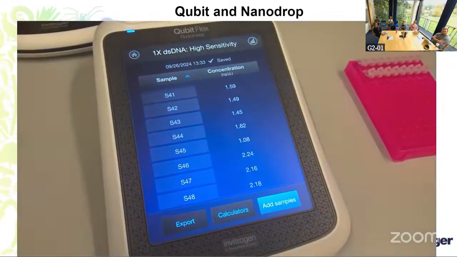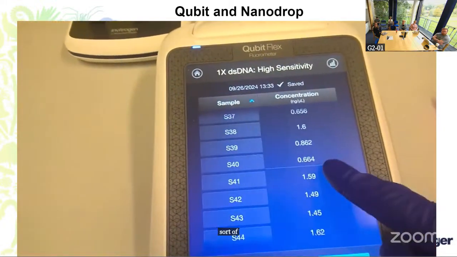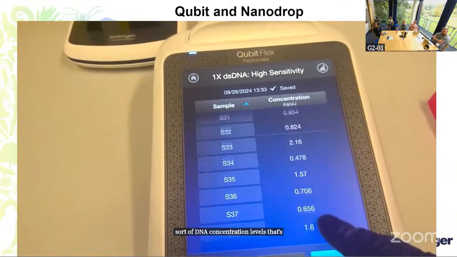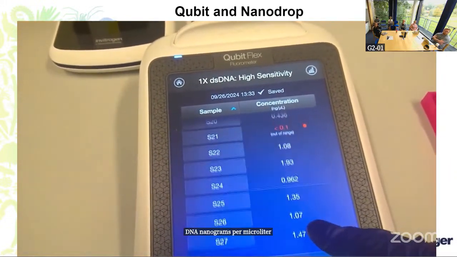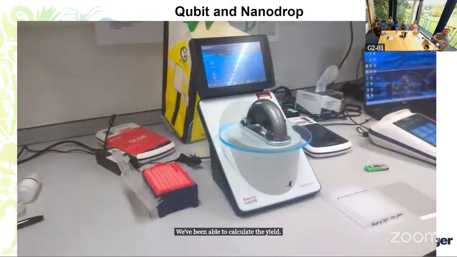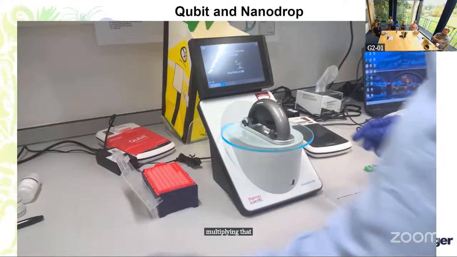Once all the samples are run, we have a list of DNA concentration levels, that's DNA in nanograms per microliter. We're able to calculate the yield of our sample by multiplying that by the volume of our DNA.